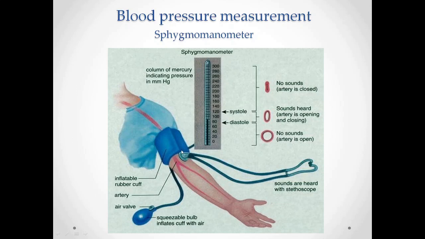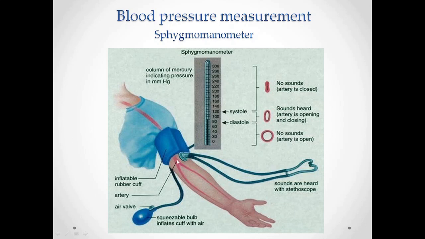You can push air into it. It is a rubber cuff. Attached to it is a bulb which you can squeeze so that air goes inside. The air pressure is measured using the measuring instrument, and there is an air valve which regulates the flow of air. The doctor or the nurse will have the stethoscope here and the sounds are heard here.